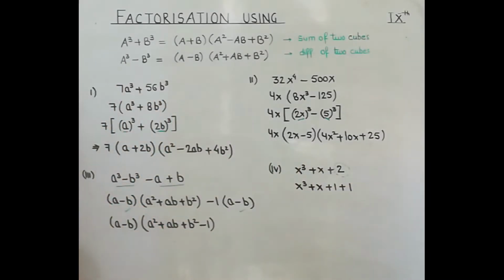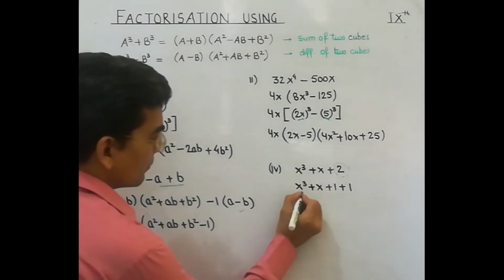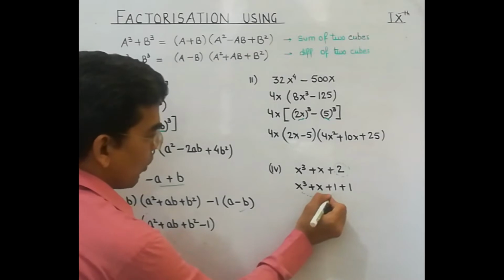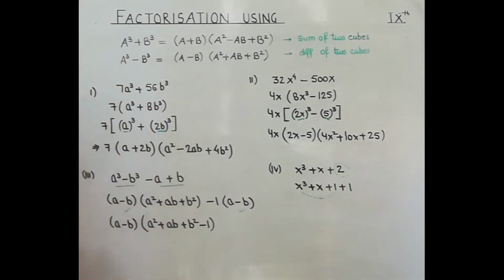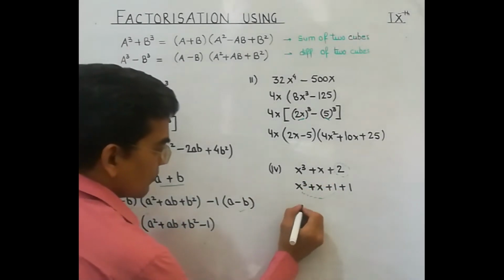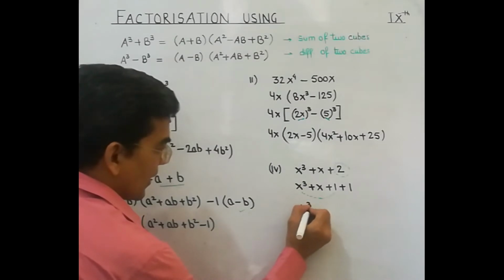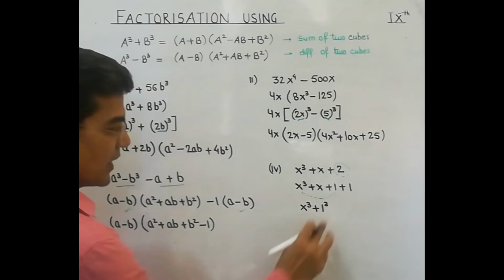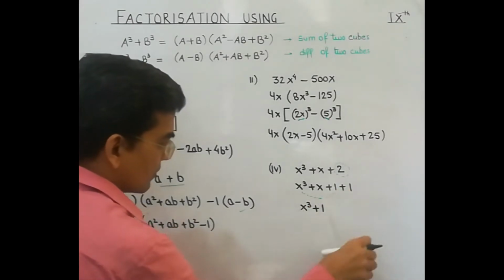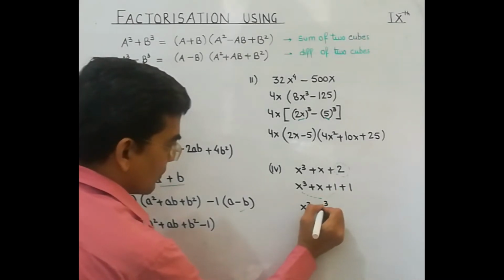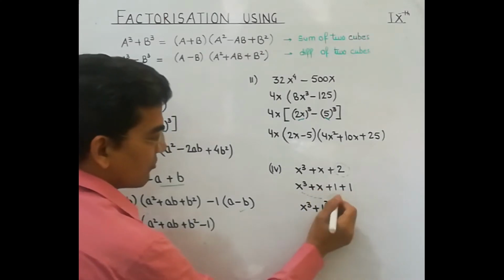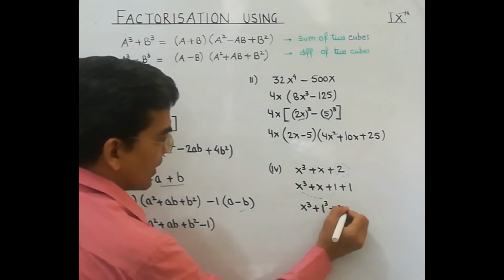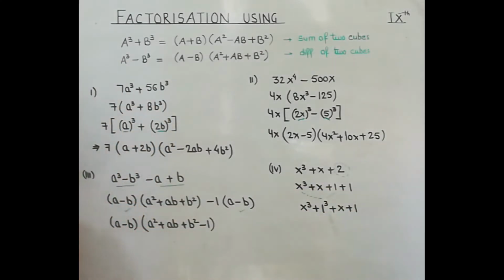Now I am grouping x cube with 1, because 1 means 1 cube. So I am writing it like this, x cube plus 1 cube. Does it make any difference? And then you are left with x plus 1. Hope this is clear to you.